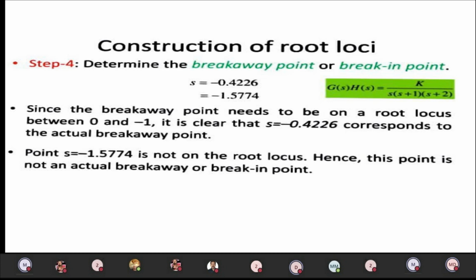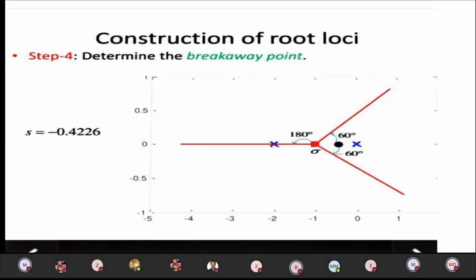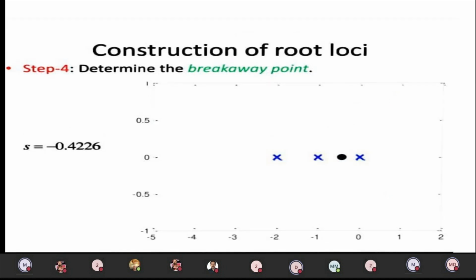So here for s equal to minus 0.42, k becomes positive, therefore the corresponding s value becomes a breakaway point. The remaining one is not a breakaway point. That's all. Okay, so once you get the breakaway point, you have to mark it. Then you can go for the next step.